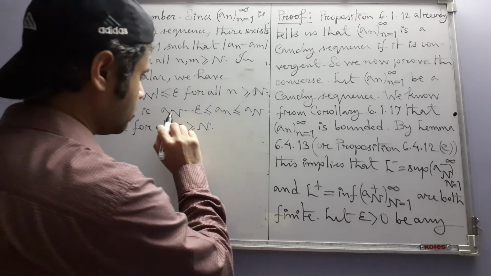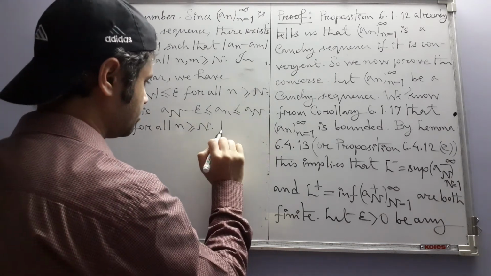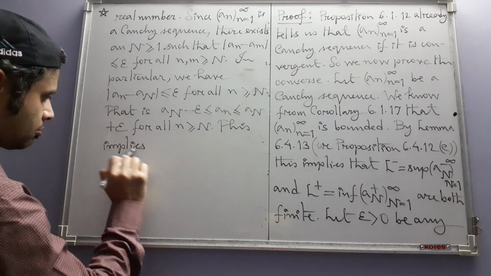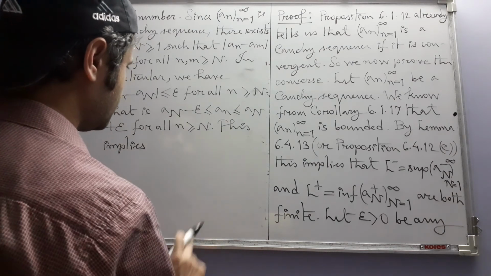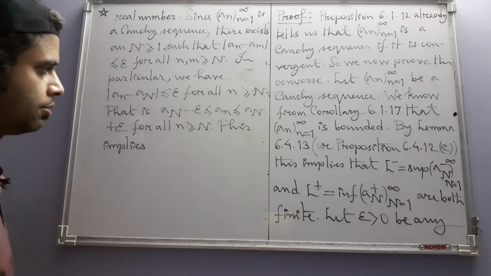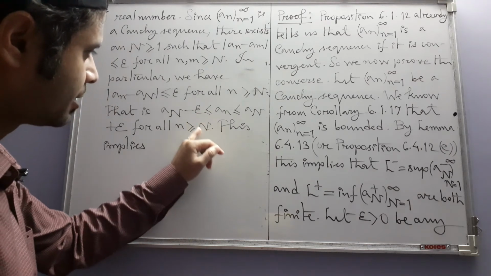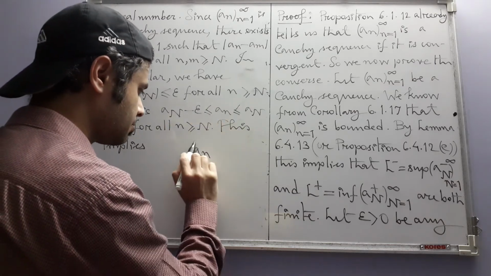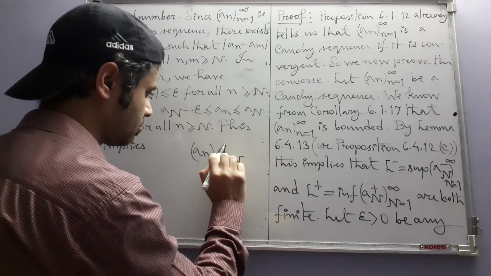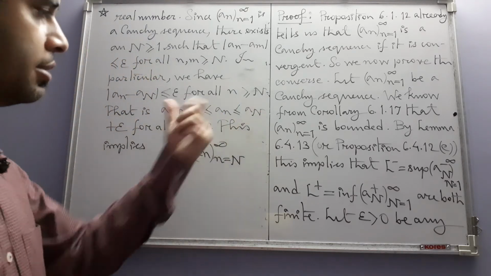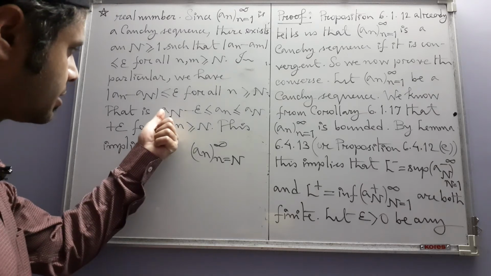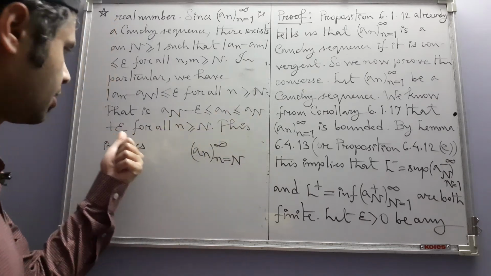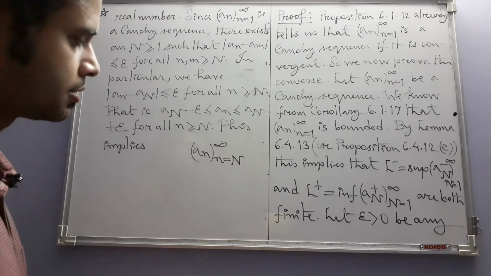Okay. Now, what do these inequalities imply? Since the index is starting from capital N, we are saying something about this sequence. In these inequalities, what we are saying is that a_N minus epsilon is a lower bound of this sequence and a_N plus epsilon is an upper bound of this sequence.